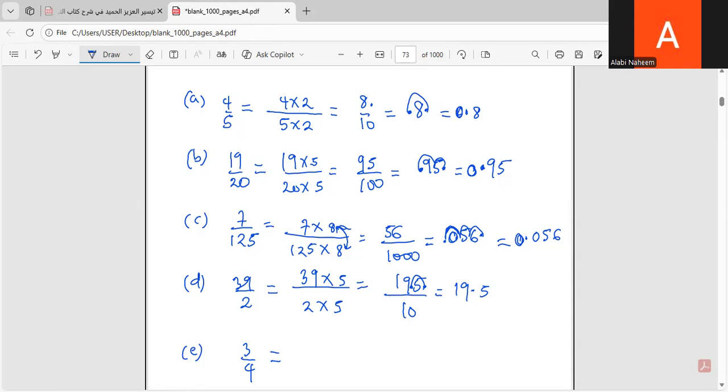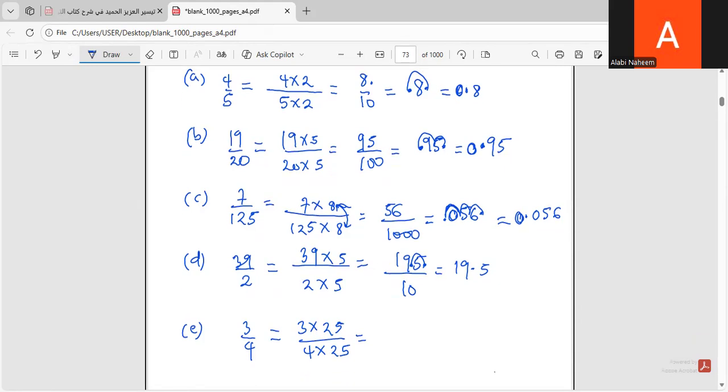And the last question for case 2 is 3 over 4, right? You can convert 4 to a positive power of 10 by multiplying by 25. That's because 4 times 25 is 100. So 3 times 25 over 4 times 25, since we have to multiply the numerator also by that same number. 3 times 25 is 75. 4 times 25 is 100.